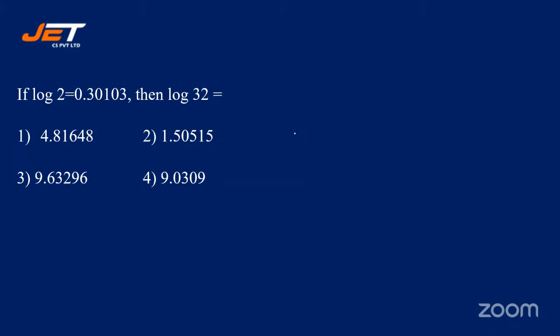So 32, you just have to write in terms of 2. 2 8s are 16, 2 4s are 8, 2 2s are 4, 2 1s are 2. So 1, 2, 3, 4, 5. So log 32 can be written as log 2 power 5, isn't it? So 5 log 2, right?